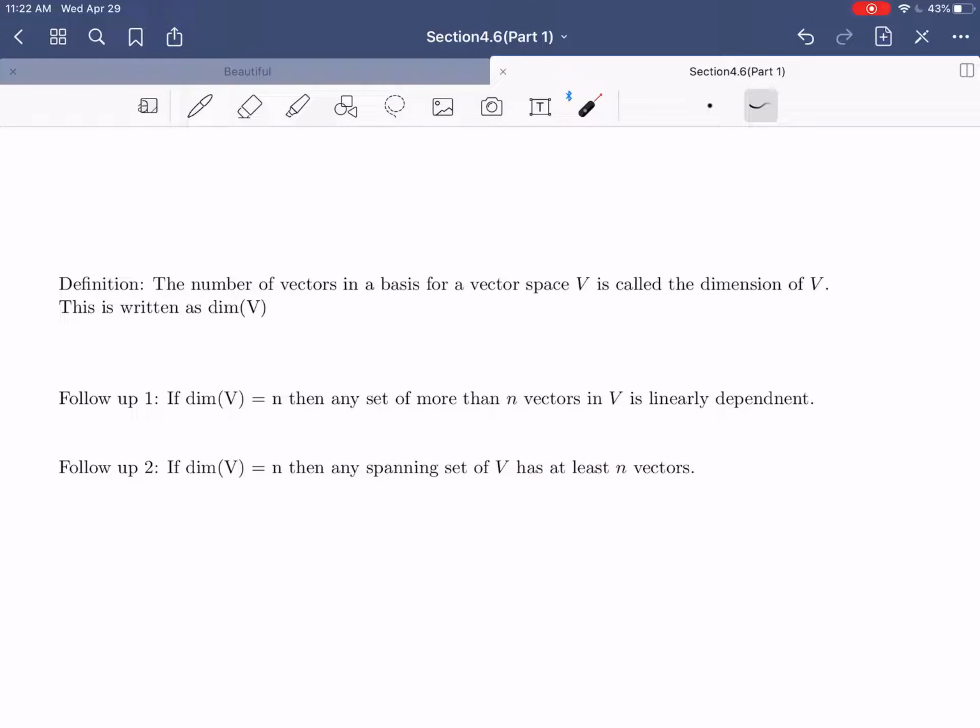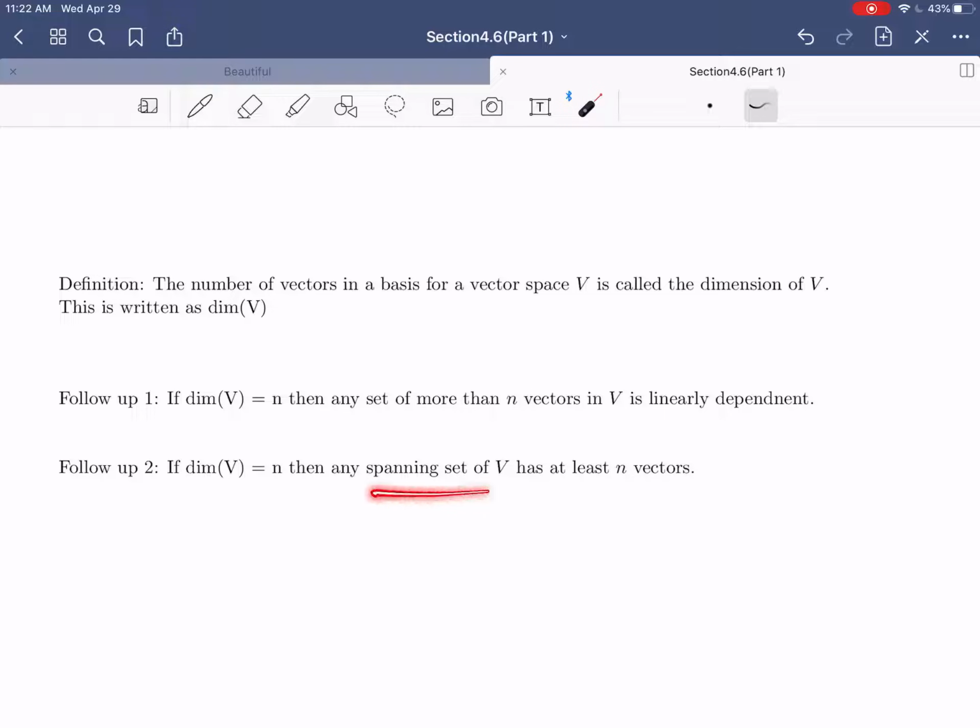For this one, I'm just going to give you a quick verbal explanation. I believe your book goes through a short proof of this. The idea is, remember, any spanning set, regardless of whether or not it's linearly independent or dependent, has a linearly independent subset that has the same span, because you can delete any linearly dependent vectors without changing the span.